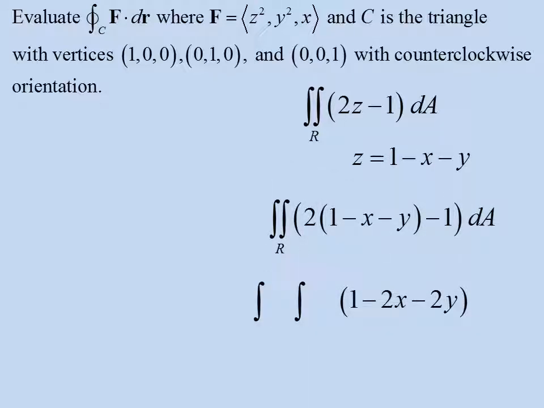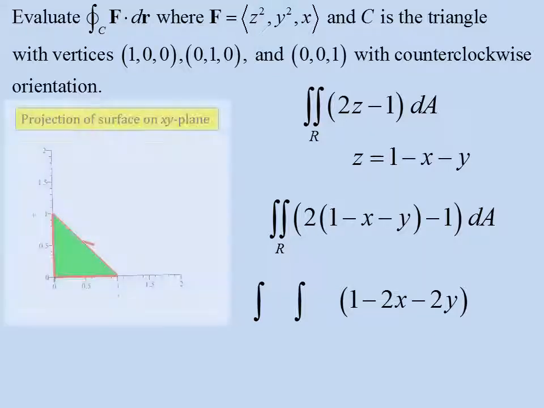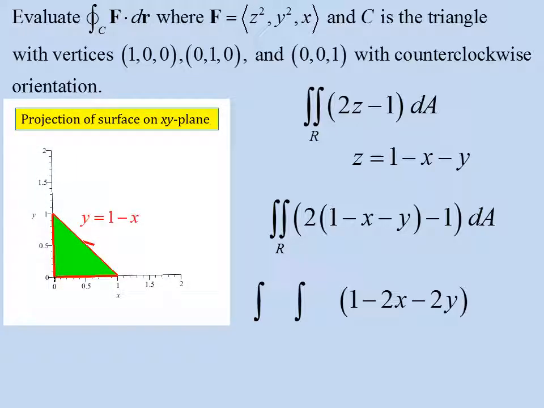Then we will describe the region that we're integrating over, which, remember, is the projection of that plane onto the xy plane. So here's what it looks like in the xy plane. We have this line going from the point 1, 0 to the point 0, 1, which would be y equals 1 minus x.